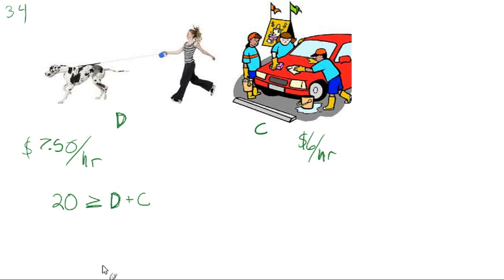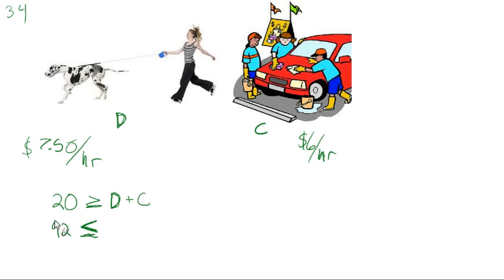Okay. And then we have a certain amount of money that we need to make to cover our weekly expenses. That's $92. Okay. And we need to make at least $92. So 92 is going to be the least. It's going to be less than or equal to the amount that we make at our jobs.